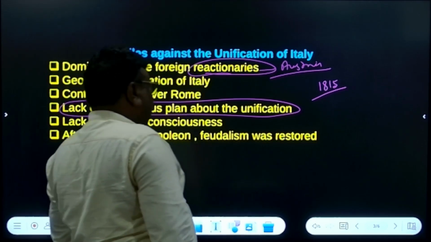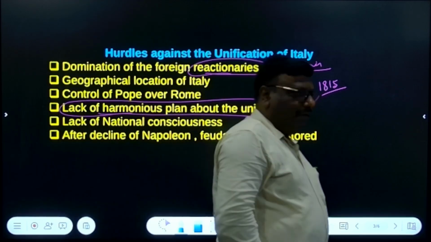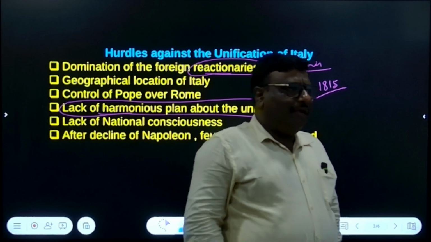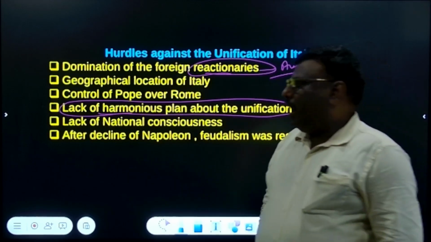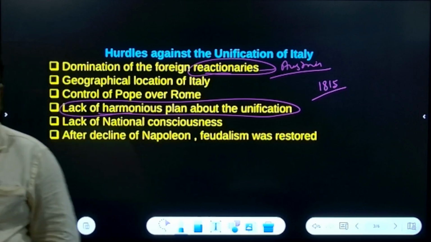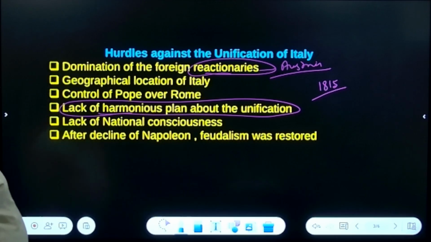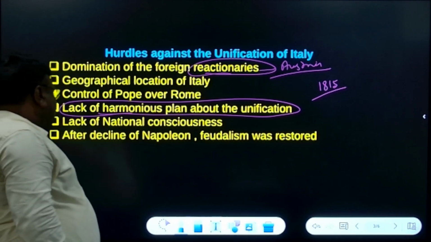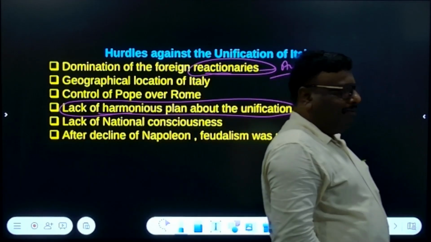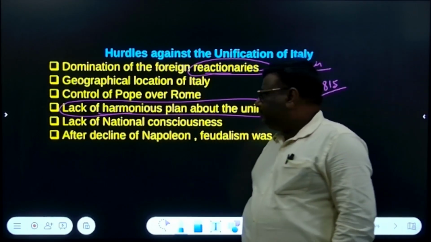Some thought that Italy could be a constitutional monarchy. Some thought that Italy could be united under the leadership of Sardinia and Piedmont. Anyway, the lack of a harmonious plan about the unification of Italy was another big hurdle.